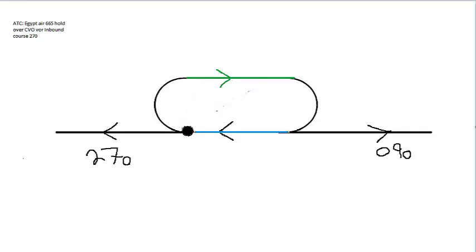All right. Now, the next step for us to do, once we do the heading 270 and the heading 090, is to extend both lines. The next step is to draw this line.